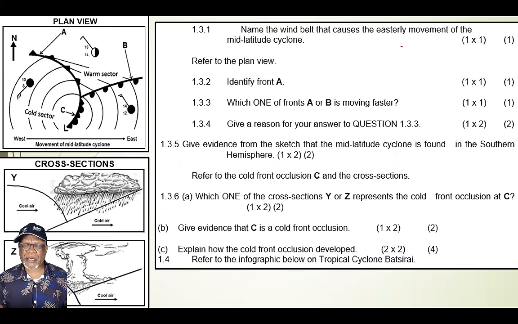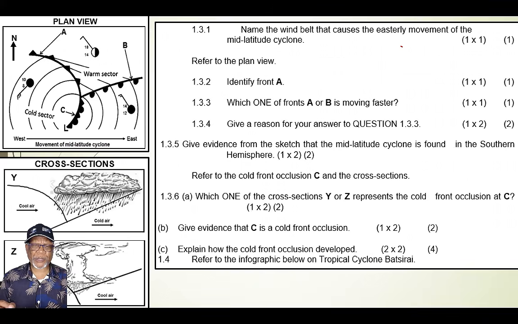The correct answer there will be the westerlies. You can just say westerlies and you are correct, because we've got only one set of westerlies in the atmosphere. But with the easterlies, you have to specify whether it's polar easterlies or tropical easterlies.